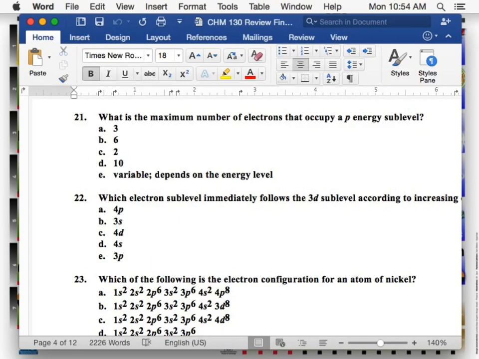Okay. How else could I change the question? Because I heard another option. How many in a p orbital? How many electrons fit in a p orbital? 6. 2. 2 in each orbital.